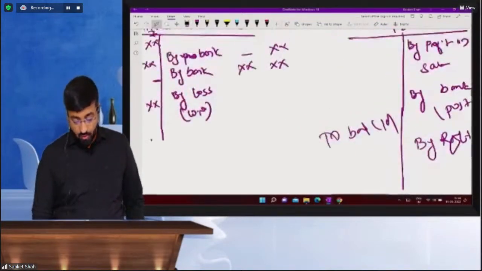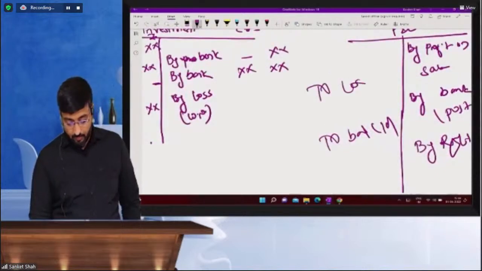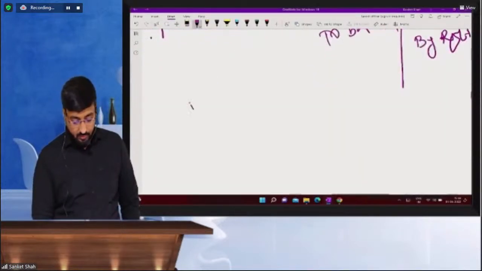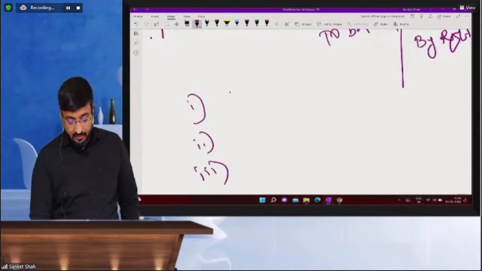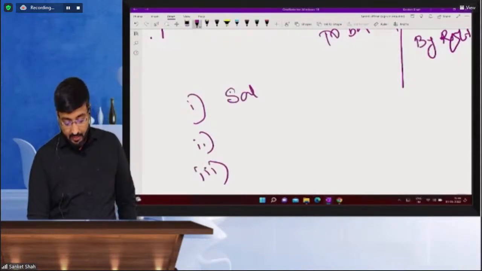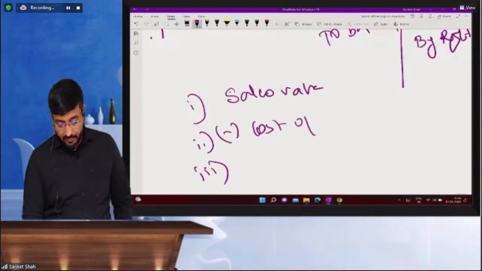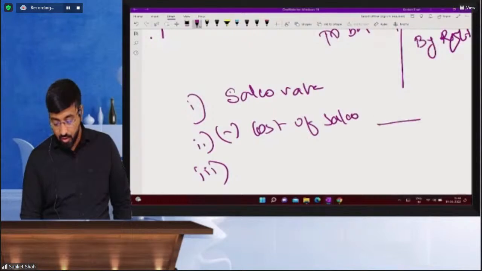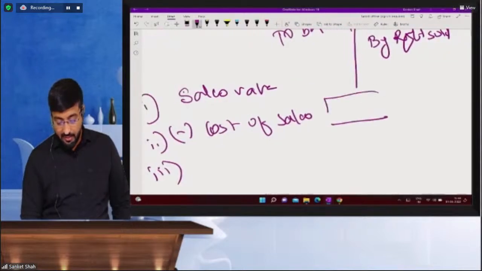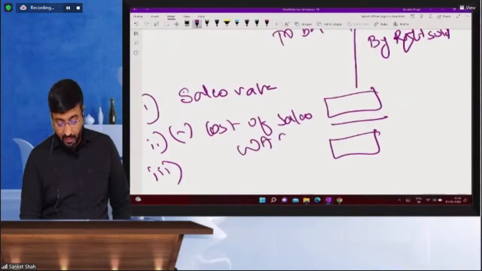And to loss on shares. When you calculate profit or loss, number 1 is sales value less cost of sales. And cost of sales is nothing but your debit side total divided by total number of shares, because we are using the weighted average method.